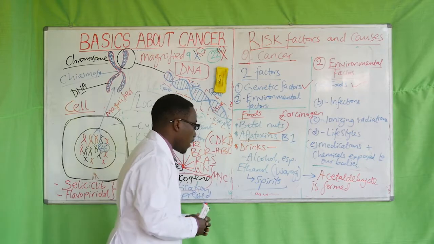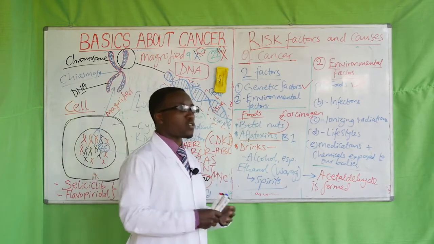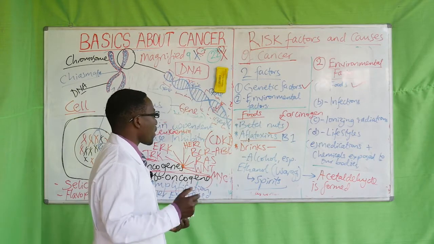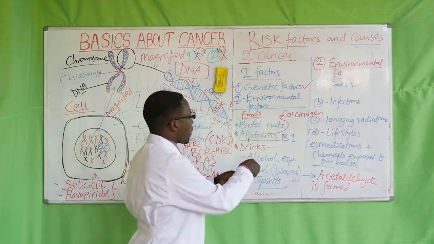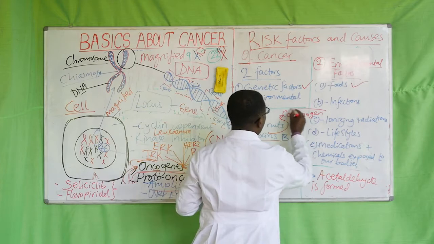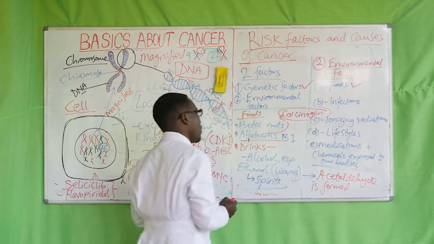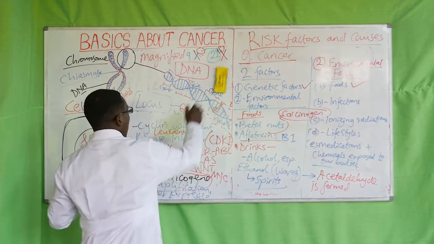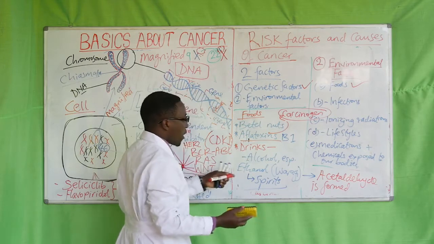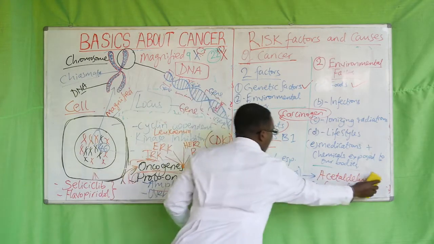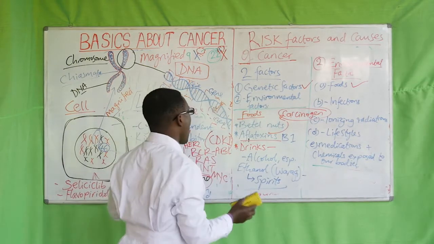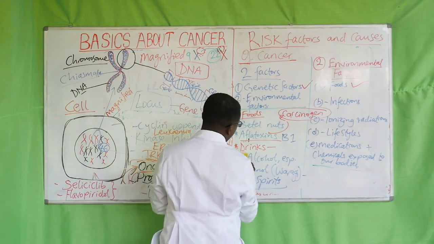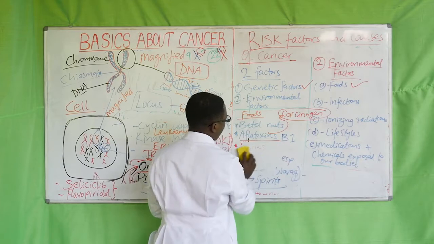So my dear colleagues, at this point, we can also look at another chemical or another carcinogen that induces cancers in our body cells or in our bodies. The next is, we already know what acetaldehyde does. Now we can graduate to something else still under our foods and drinks.